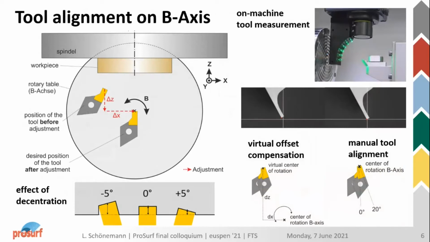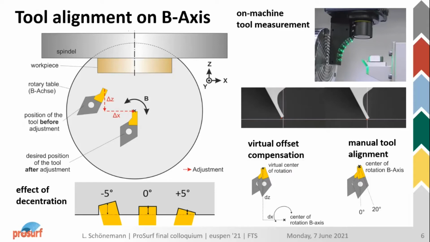So we have to put a lot of effort into correctly aligning this tooltip to the center, or at least knowing the position of the tooltip, or aligning it to the rotational center of the B table, so that we are able to precisely set the angular position of the tool without affecting its infeed or lateral position in this case. You can do that in basically two different types of compensation.